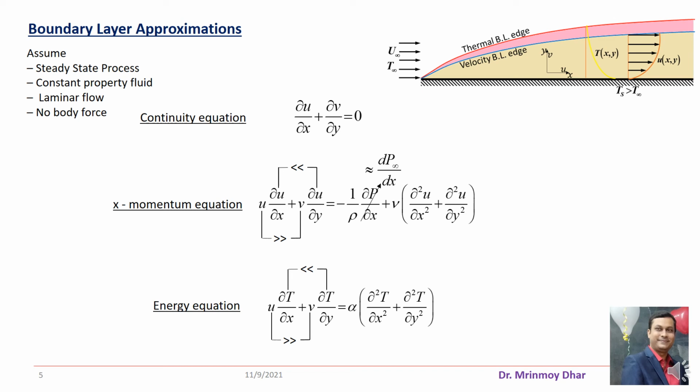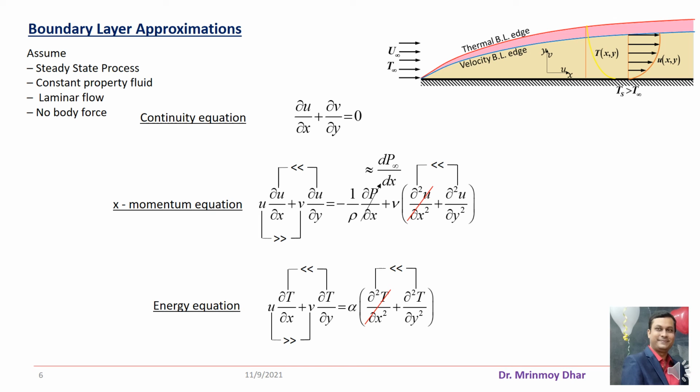So now let us look into the right hand side terms other than the pressure gradient term. In the x momentum equation, the last two terms on the right hand side are nu del 2 u del x2 plus del 2 u del y2. We have already discussed that del u del x is much less than del u del y, because the velocity has to undergo a large change over a small boundary layer thickness.